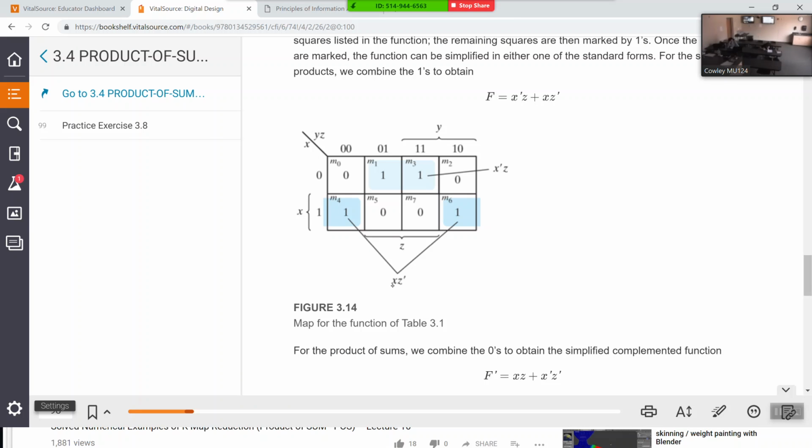And notice that they have that x right there. That's where we came up with this here. And then if you look up here, we got y is equal to 0, y is equal to 1, so that drops away. You got z is equal to 1, z is equal to 1.